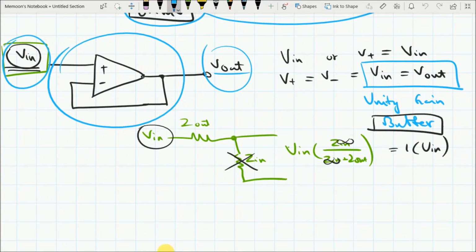So there will be no effect of loading whatsoever on this output. Even if I connect some load to this output, the actual value will not be affected, and all the current will flow through this load because here the impedance is 0.